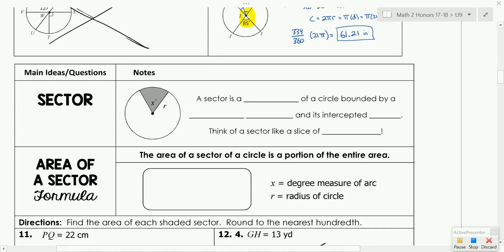Now, just like an arc length is a fraction of a circumference, a sector is a fraction of the area of the circle. It's a piece of the pie.